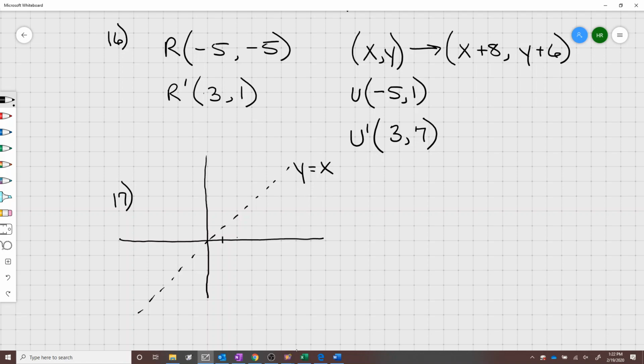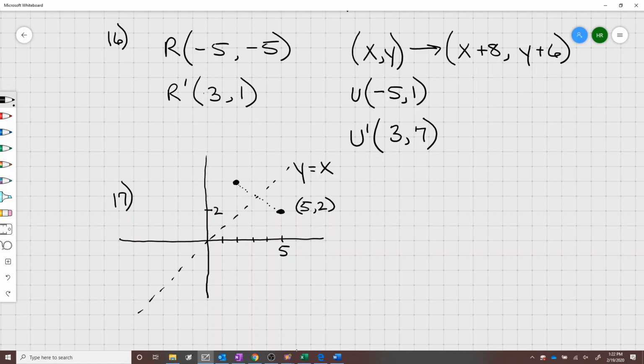When you reflect a point across that line, let me show you this. Say you got a point at 5, 2. Agreed? And we're going to reflect it across this line. Isn't it going to be right there? We started at 5, 2. We reflected across y equals x.